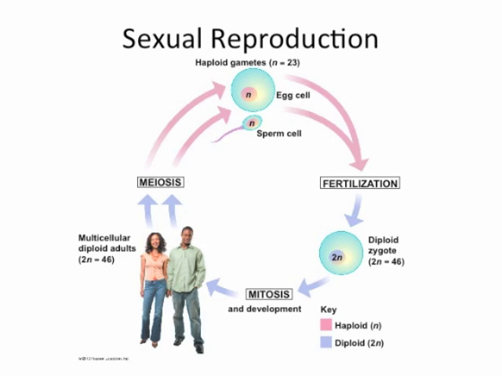A diploid cell, di meaning 2, has 2 copies of each chromosome. So we say 2n, which is 2 times the number of chromosomes, and we have 46 total chromosomes. The egg and sperm are haploid. Hap is kind of like half. It has only 1 copy of each chromosome, so it's got a number of n, which is 23.